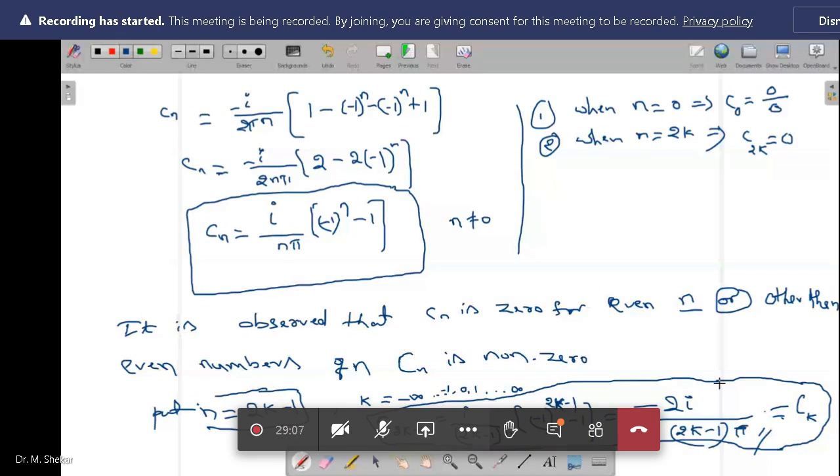So you have to identify for what values the Cn's are non-zero, and only that we need to obtain. You can directly state that when n is an even number, Cn's are zero, and Cn is obtained only for odd numbers. Otherwise, for odd numbers you replace n by 2k minus 1, another odd number.